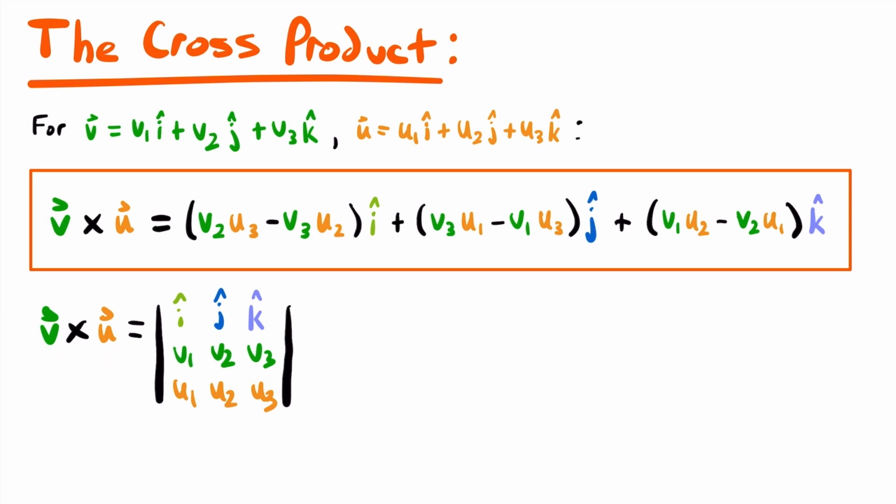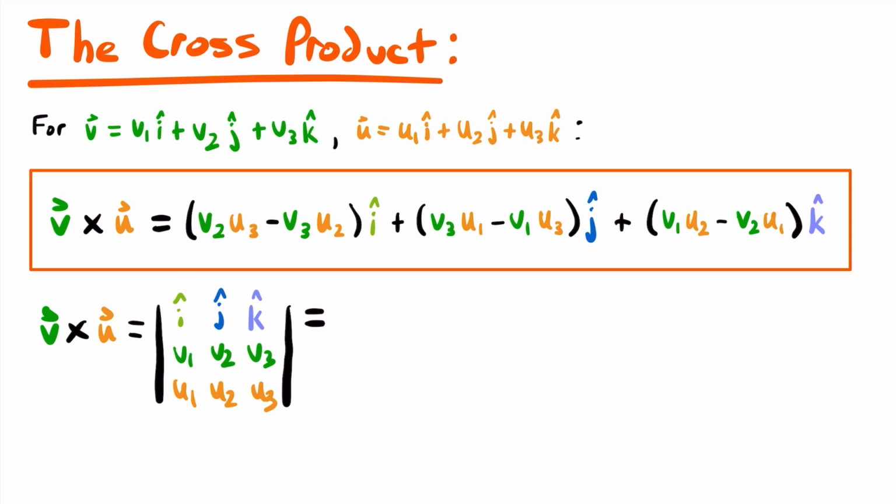And it might not be initially clear how the determinant of this matrix will be the same as this result right here, but you're going to see that they are the same if we try and calculate the determinant of this matrix. So let's do that. Remember that for a 3x3 determinant, we're going to be looking at the first row here, starting with vector i, and we're going to be multiplying vector i by a 2x2 determinant.